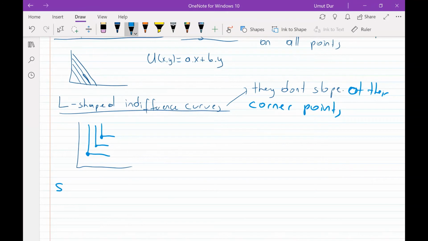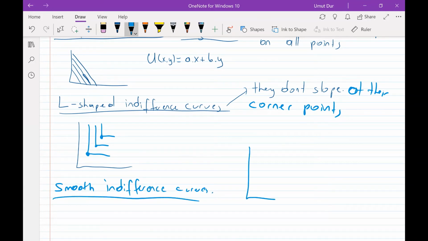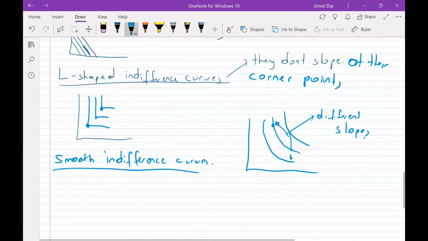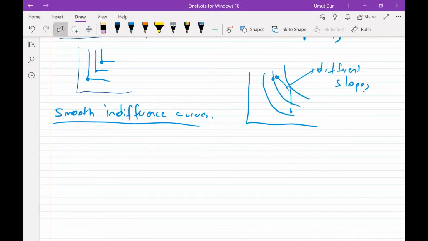And the last one is the smooth indifference curves, and it will be like this, smooth. Let's say point A and point B have different slopes. Let's consider an example with this smooth indifference curve.